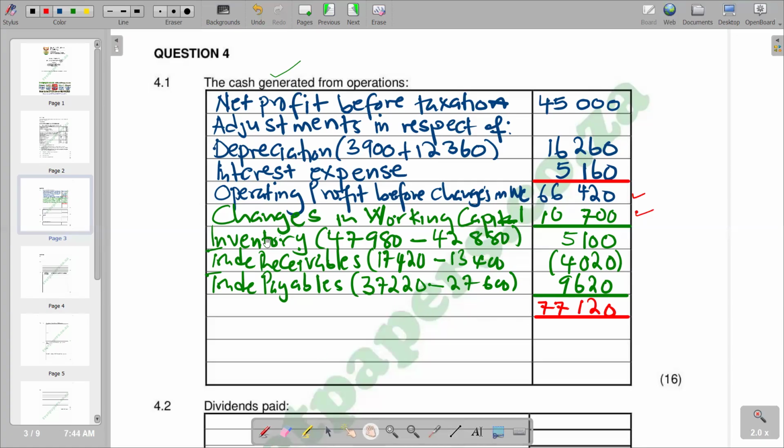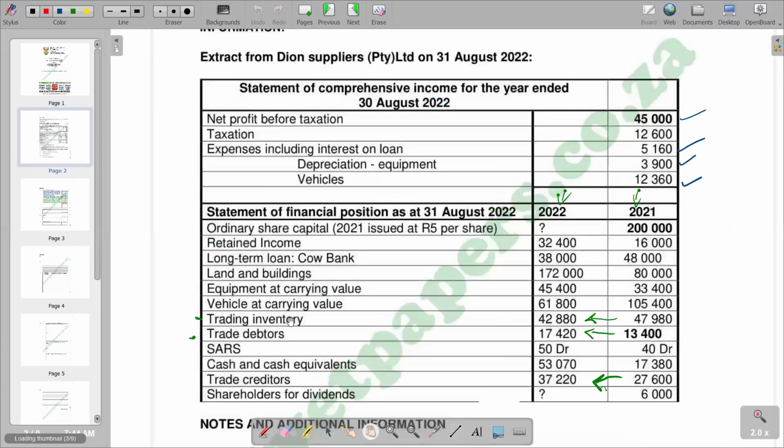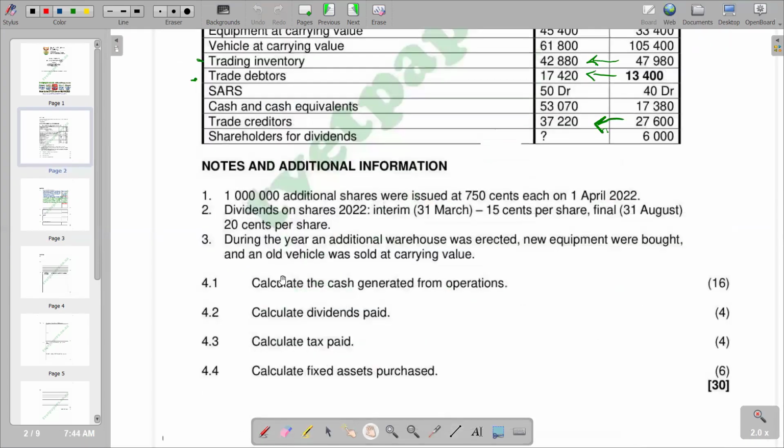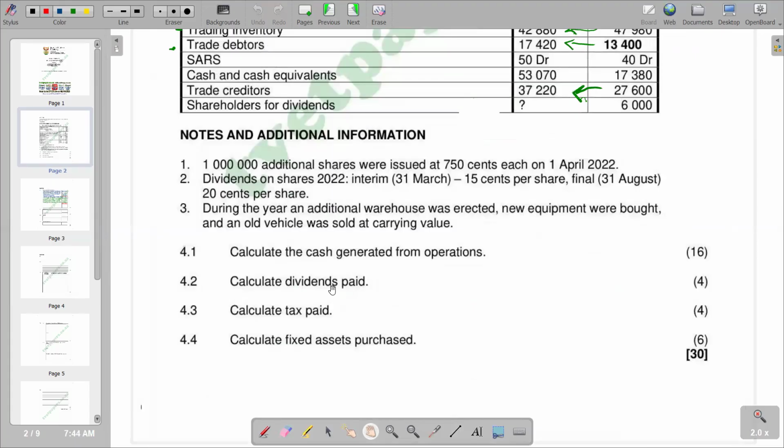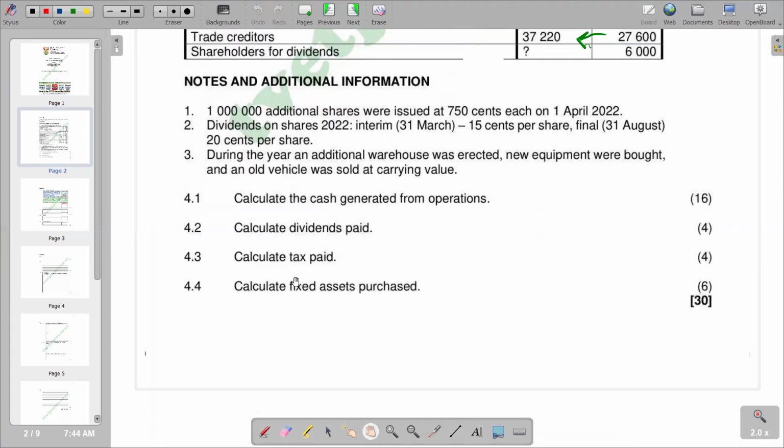Now we go to the second part, which needs us to calculate the dividends paid. On dividends paid, we are just going to use the formula: opening balance, plus total dividends for the year. Remember, we've got the dividends that are supposed to be included in the retained income.